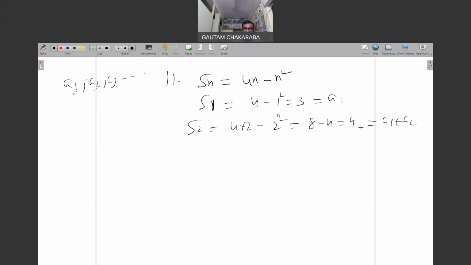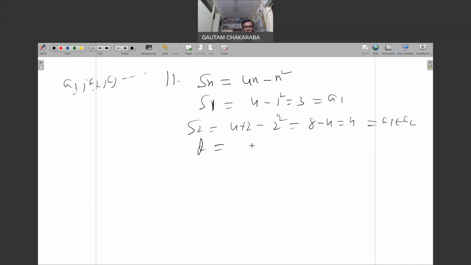Understood? Now this is not A2. Most of the students take this as equal to A2. No, please do it carefully and pay attention, because S1 means the first term, S2 means the sum of the first and second terms.